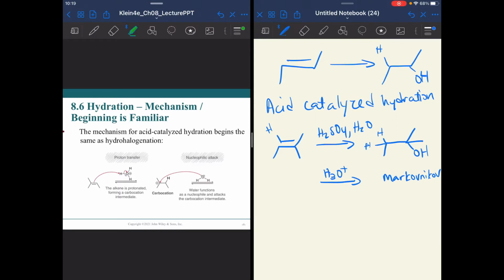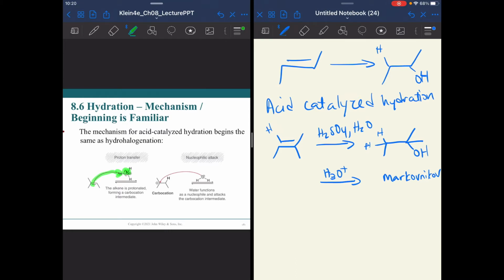Okay, so the same first step that we saw in the hydrohalogenation will happen in this hydration reaction. The double bond is going to act as a base, right? We have a lot of electron density there. And it's going to pick up a proton from our acid. So we've got that labeled here, right? And it'll leave behind the water.